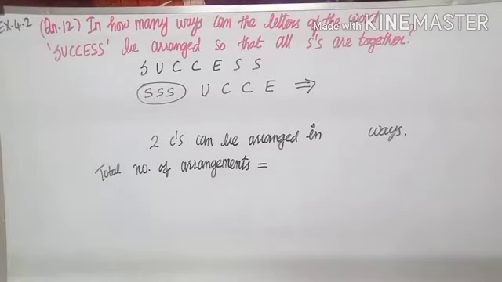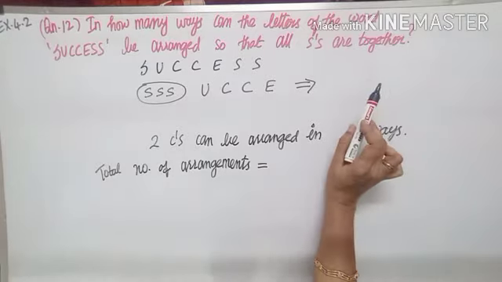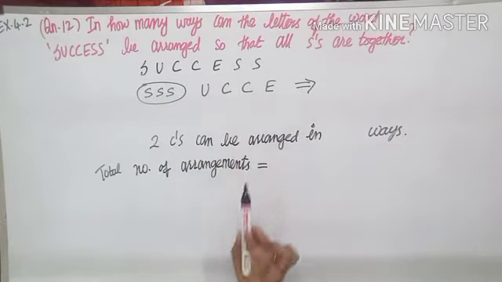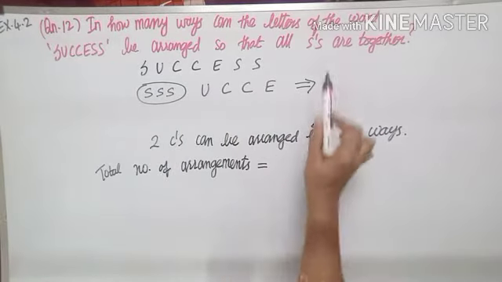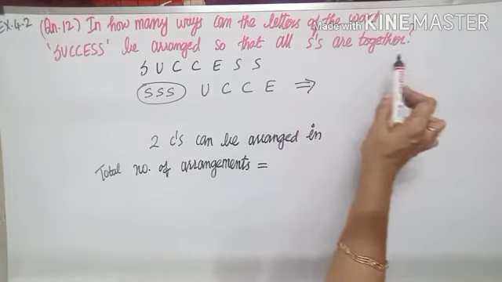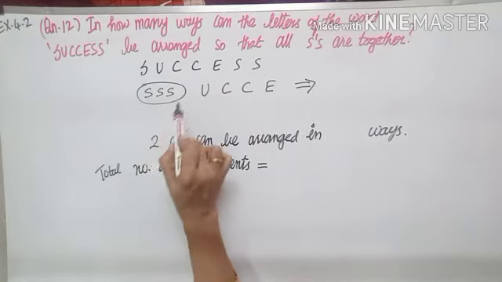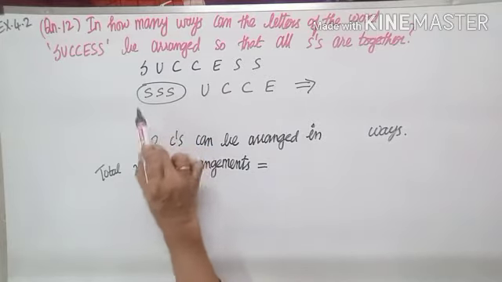Question number 12. In how many ways can the letters of the word SUCCESS be arranged so that all S are together? SUCCESS has 7 letters, but the condition is all the S's are together. The 3 S's put together are all the same letters.